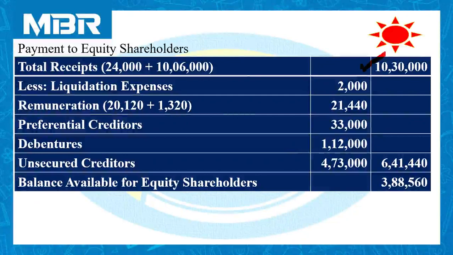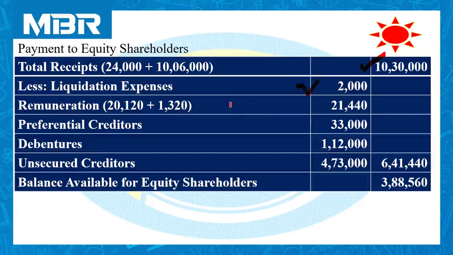It is the total of the cash balance 24,000 and the amount realized by the liquidator by selling all the assets, rupees 10,06,000. Liquidation expenses 2,000. As this information is given in our question, we can directly insert this 2,000 over here.